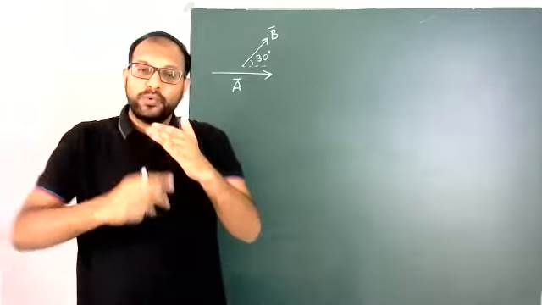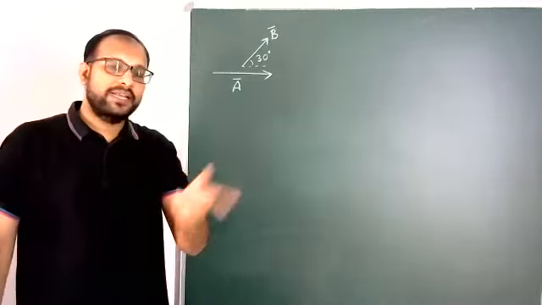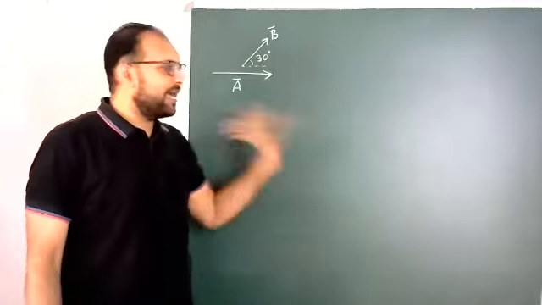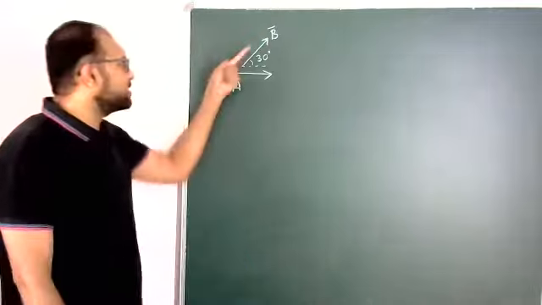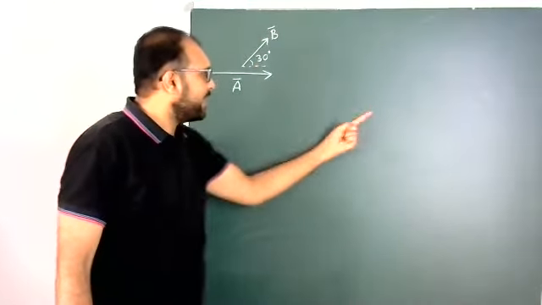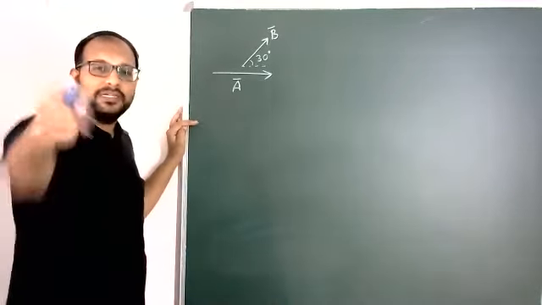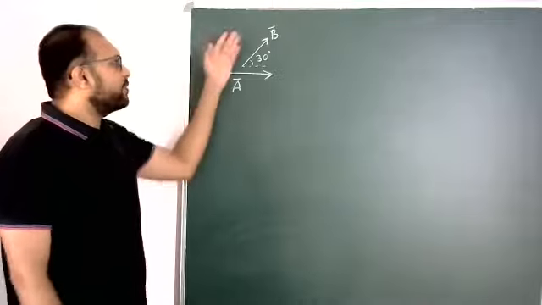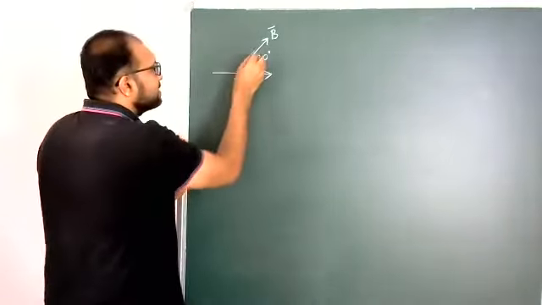In that way, first you need to draw the diagram. Previously we have seen that vectors can be drawn without changing magnitude and direction. Suppose this is B bar. You can draw B bar here, here, any place, but without changing magnitude and direction. Suppose this is given. Now I am drawing, this is B bar.